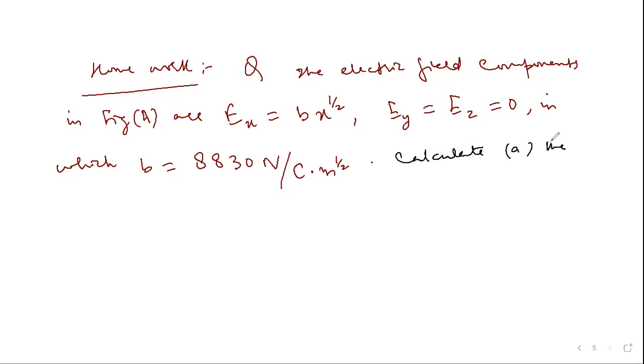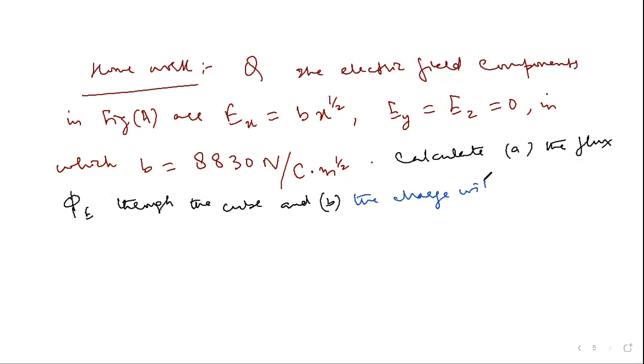the flux phi E, that is the electric flux through the cube, and part B, the charge within the cube.